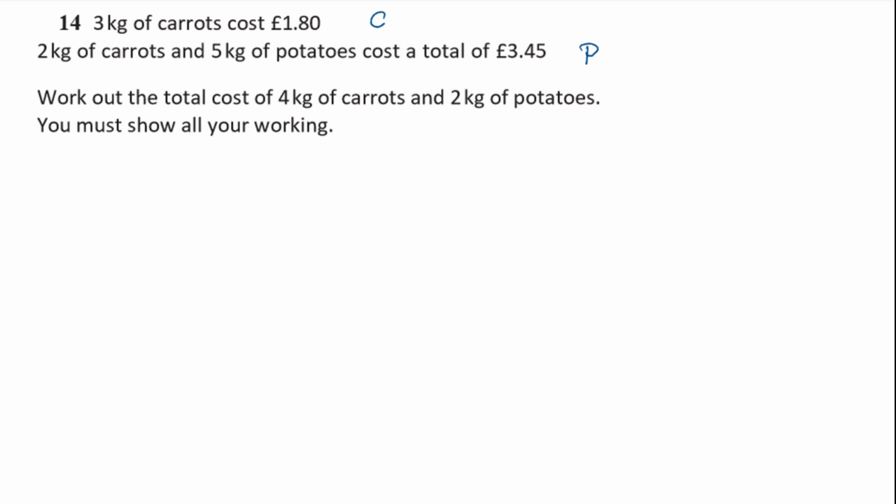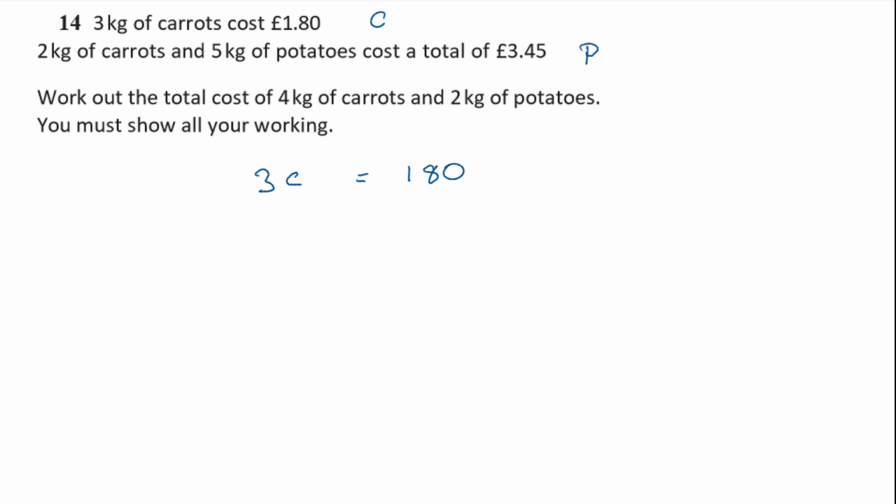So then 3 kilos of carrots, 3C, is going to be equal to £1.80. I'm going to do it in just pence because I don't want to deal with decimals. So 3C is 180. That's my first equation. Now I've also got a second equation here. 2 kilograms of carrots and 5 kilograms of potatoes cost £3.45.